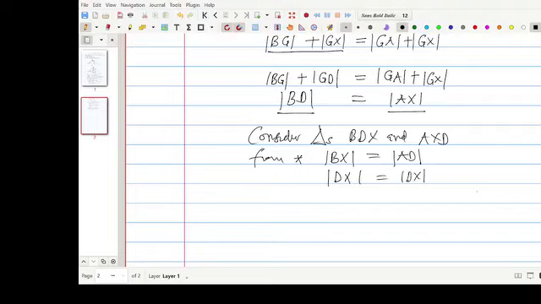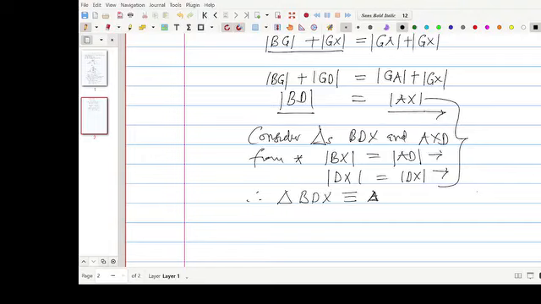All right. So from these three conditions, 1, 2, 3, I can say that triangle BDX is congruent to triangle AXD.